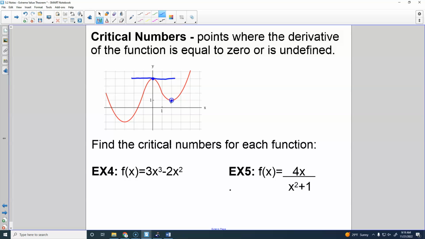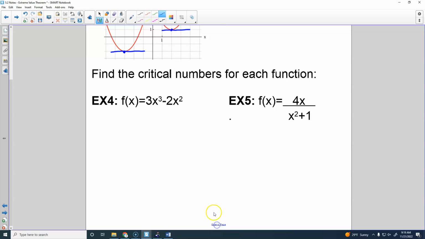So if I look at tangent lines right here, they have a slope of 0. What do you notice about all those places where I have tangent lines of slope 0? We see that those are maximum and minimum points, right? So critical numbers are places where you possibly have maximum or minimum points.